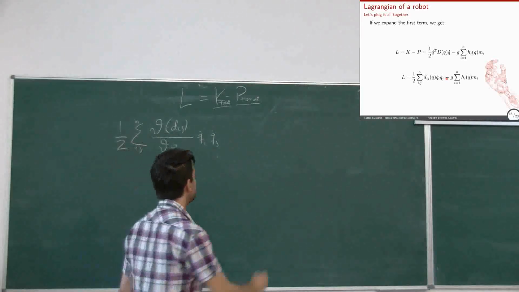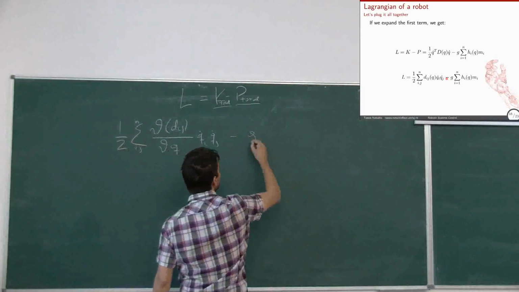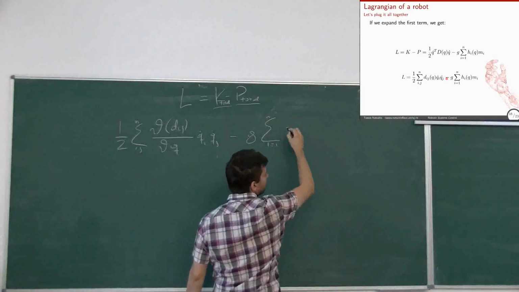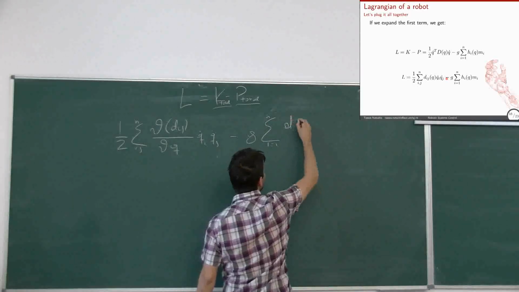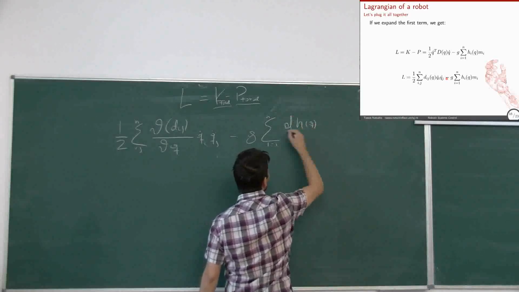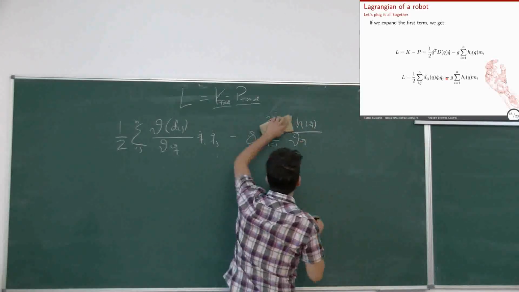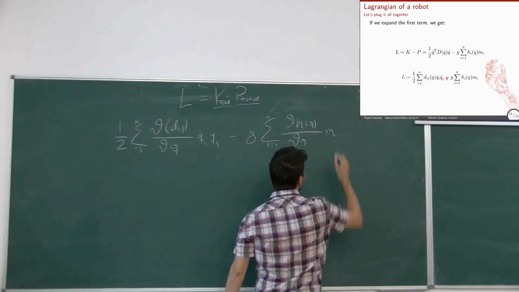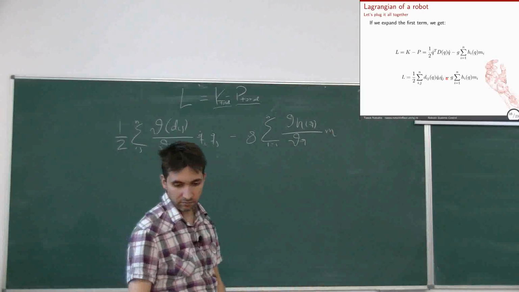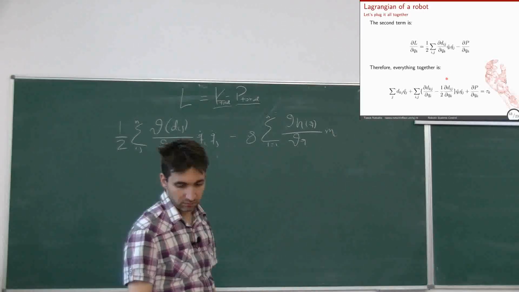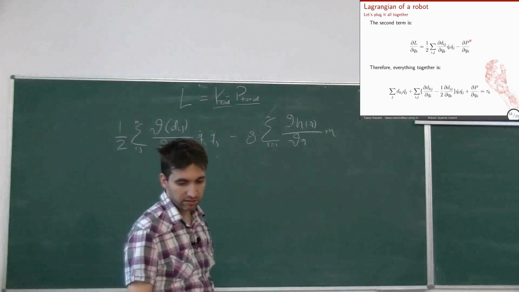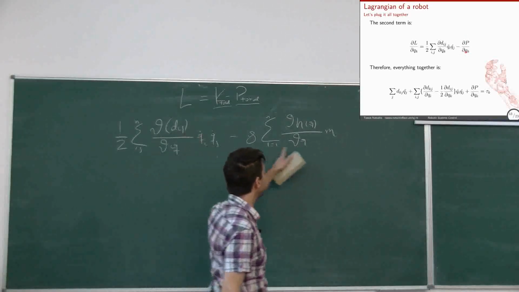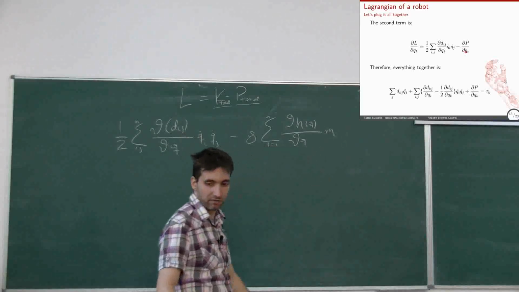And here minus g, sum from i equals 1 until n, the derivative of this h of q with q, times mi. Okay, or yeah, the potential, just potential. This is basically the derivative of the potential with q, what I have here.